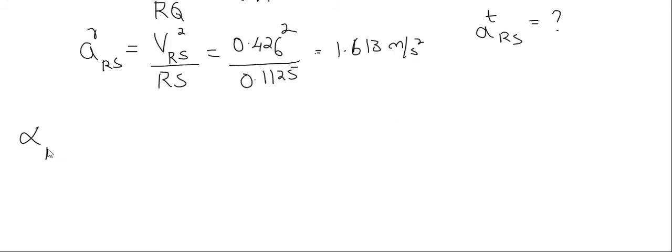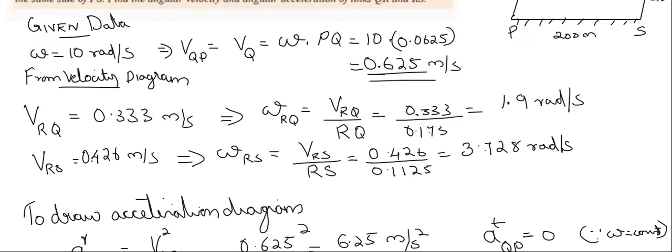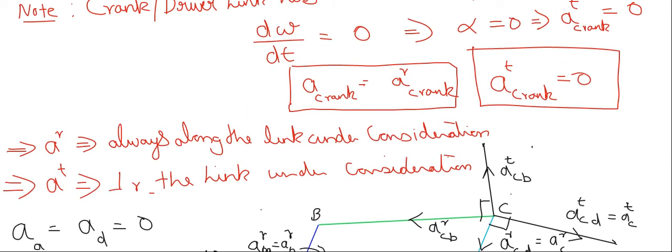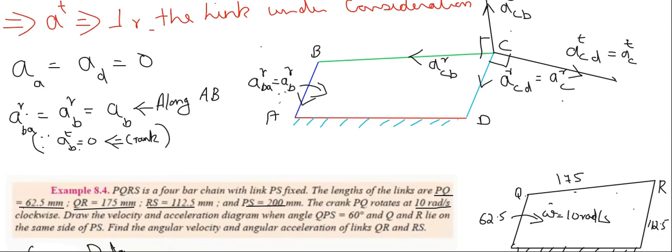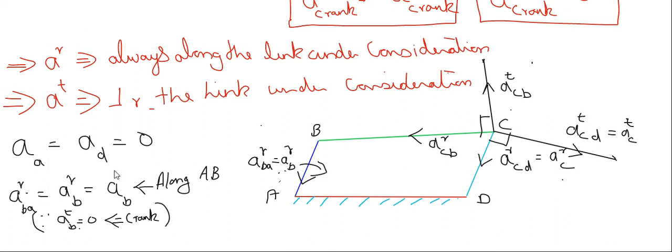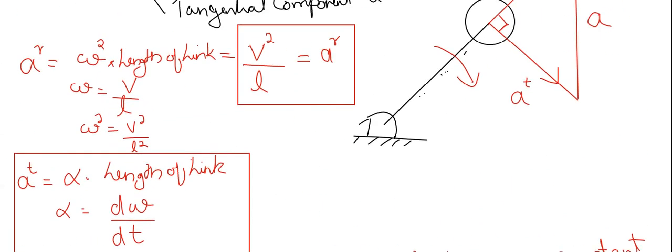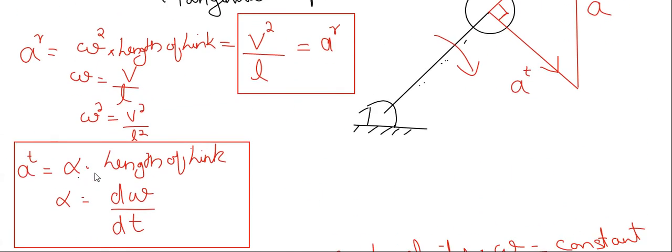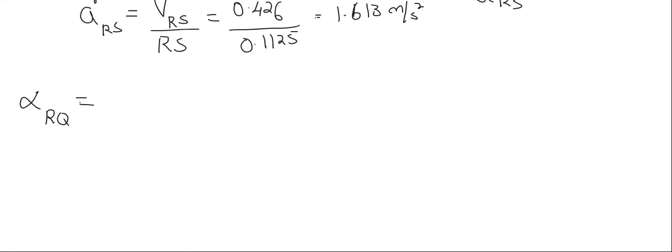Other links, angular acceleration of RQ can be found out using the earlier equation: the tangential component is equal to angular acceleration times length of the link. So for a crank it is 0, but for others, if you know the tangential component, you can get alpha.